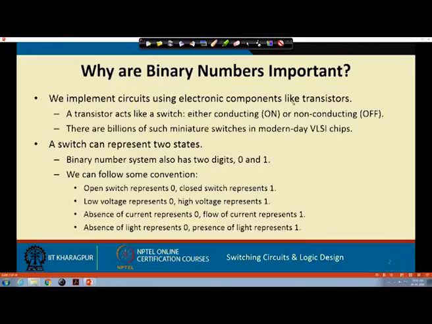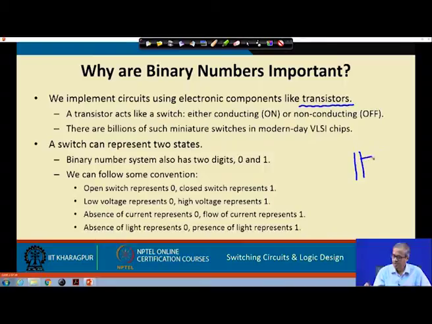Modern day circuits are invariably implemented using basic building blocks like transistors. They are typically MOS transistors, metal oxide semiconductor. Symbolically, a transistor is represented like this.